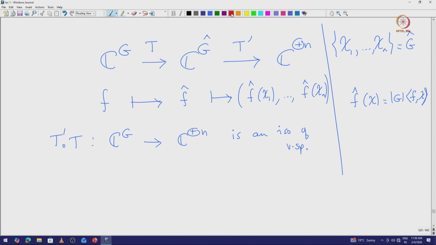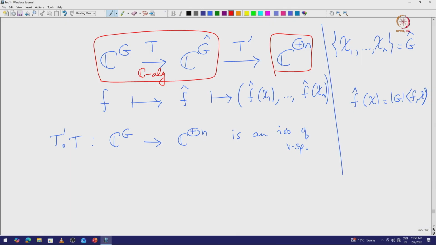But at the level of T we had an isomorphism of C algebras, where the Fourier transformation takes the convolution product into the pointwise product. Similarly, a pointwise product can be defined in C direct sum n as well.